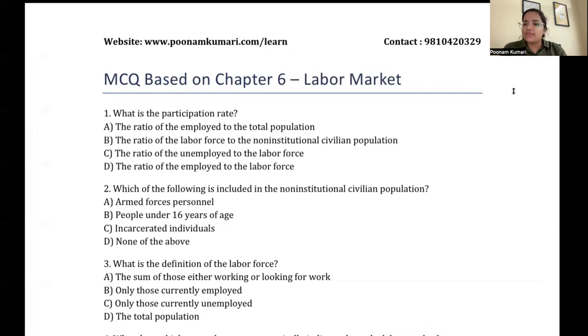Shivani is asking, ma'am, if markup is increased, why doesn't the firm increase the real wage? So real wage is W by P. You are keeping everything else as it is. If markup increases, relative to your wage, you're charging higher prices. Maybe your wage has also increased, but we are not commenting on that.